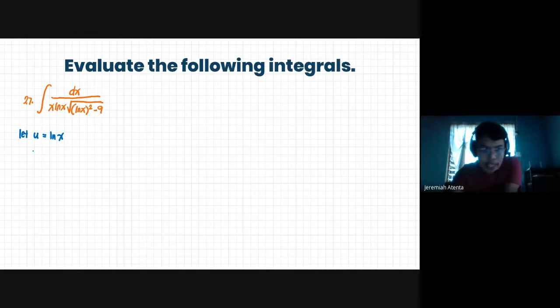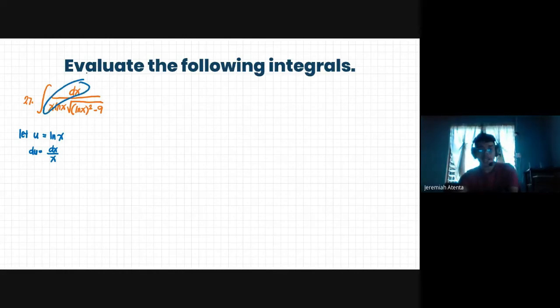It will follow that du is equal to, what is the derivative of ln x? What is the derivative of ln x? 1 over x. Very good. So this is just 1 over x dx or just dx over x. And as you can see, we have dx over x here.